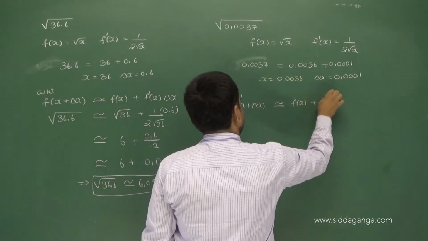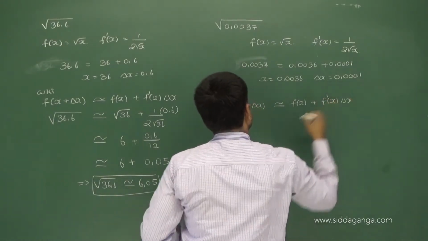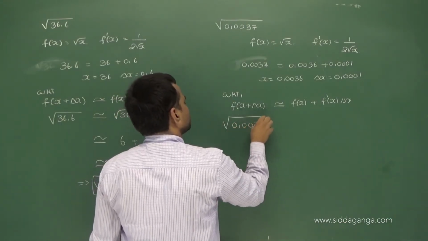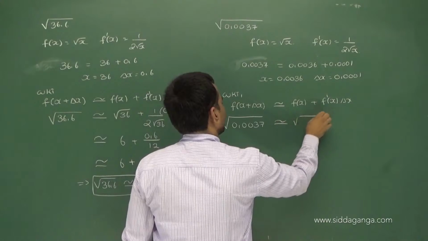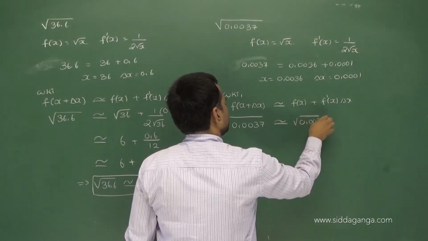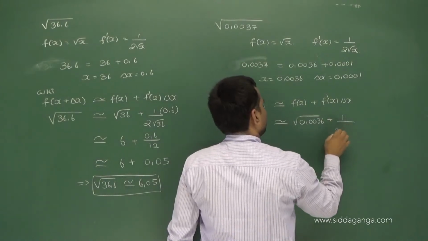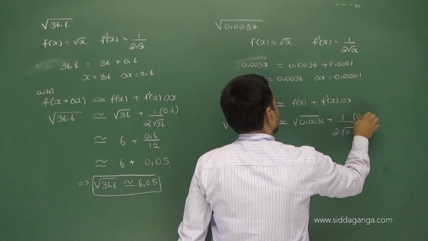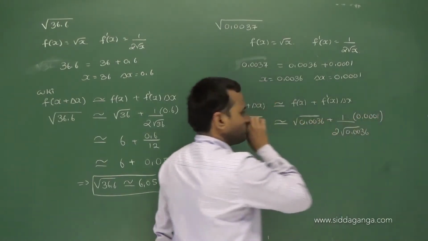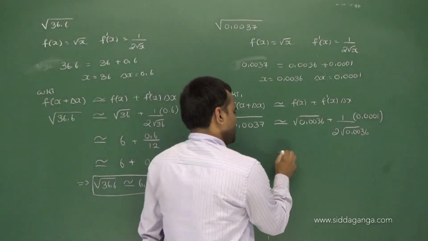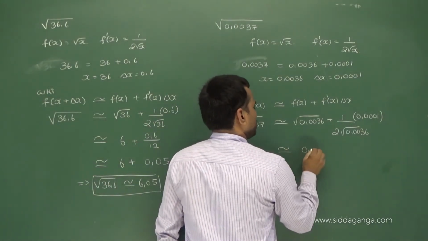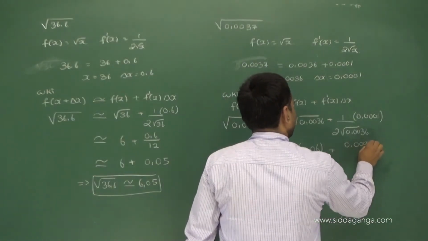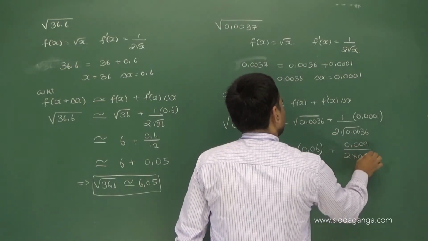Write the concept: f of x plus delta x is approximately equal to f of x plus f dash of x into delta x. Substitute directly, no problem. Square root of 0.0037 is approximately equal to square root of 0.0036 plus 1 divided by 2 into square root of 0.0036 into 0.0001. So this is 0.06 plus 0.0001 divided by 2 into 0.06.